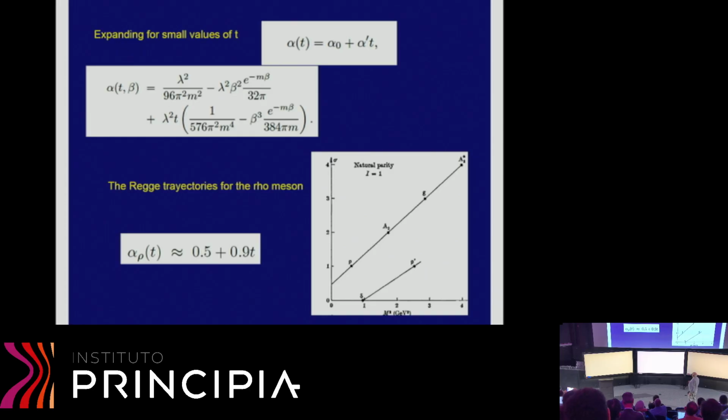So we said, okay, let us take our result and use the Rho Regge trajectory and use the values of the intercept here, 0.5 for the Rho and 0.9 for the slope, and see what happens with our results.